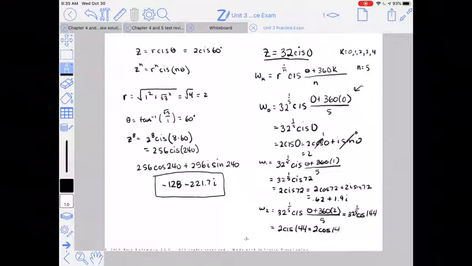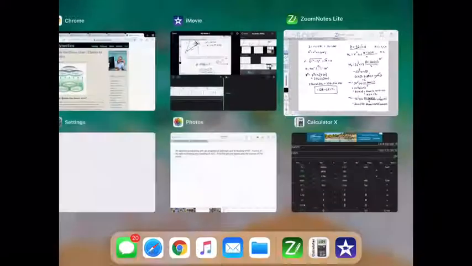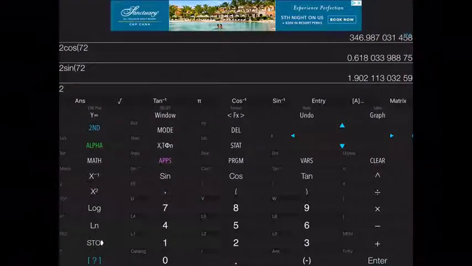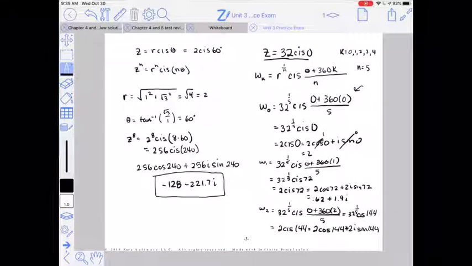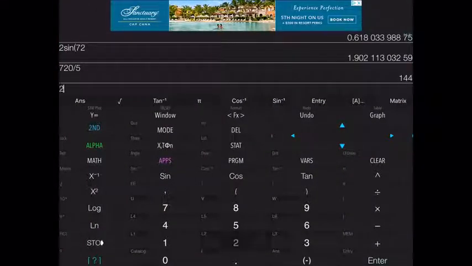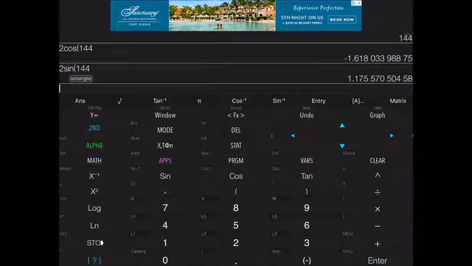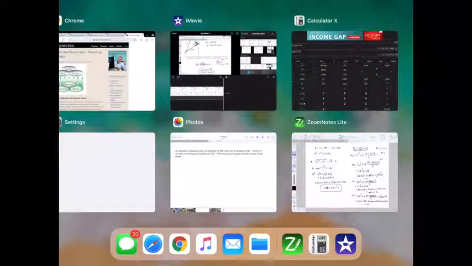So we've got 2 cosine 144 plus 2i sine 144. 2 cosine 144 is negative 1.62, and 2 sine 144 is 1.18.